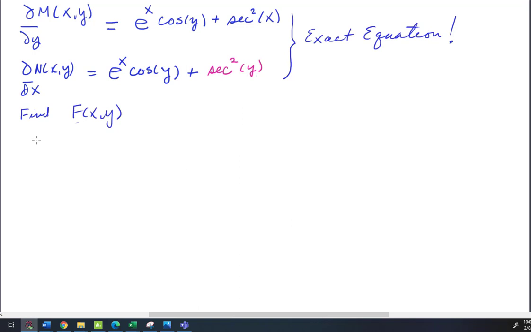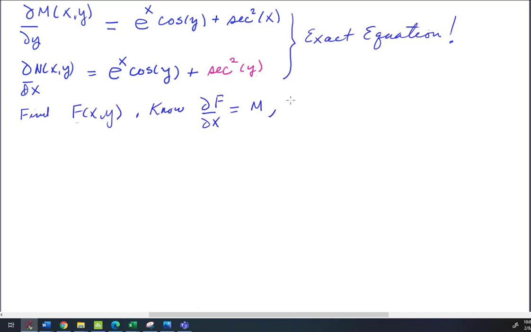Now, if the equation is exact, we know that the partial of f with respect to x is what the M function is. So I guess I'll write that down for you. We know the partial of f with respect to x is indeed what the M function is.